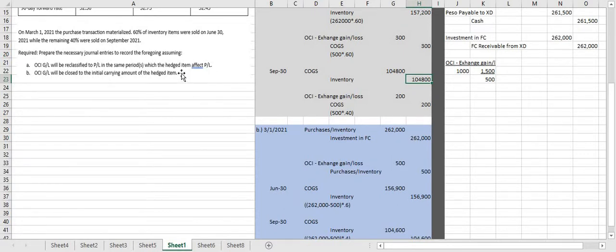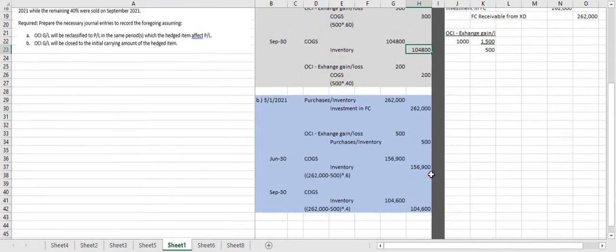So sabi ng second option na pin-provide ng ating standard is adjust mo siya sa initial carrying amount ng ating hedge item or ng ating inventory. Kaya yung ating 500, close mo siya agad diretso sa ating inventory by debiting OCI, exchange gain or loss, crediting purchases or inventory for 500.